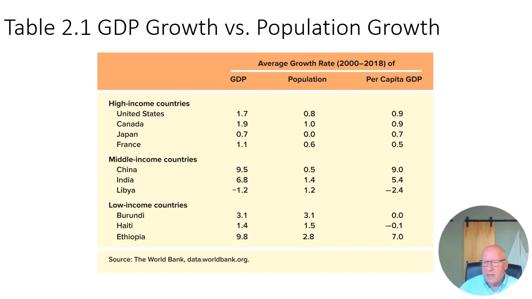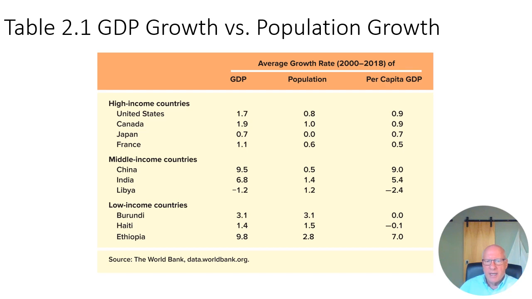There's a lot of fighting, internal factions. It's very difficult for the Libyans to prosper. And so they've had a declining economy and a growing population. That leads to, as you can see, a double whammy that the average income per person has declined pretty significantly per year in Libya.